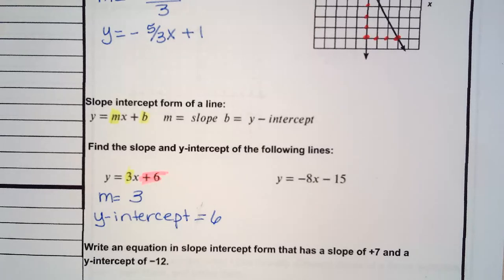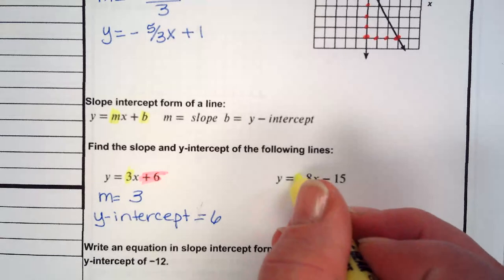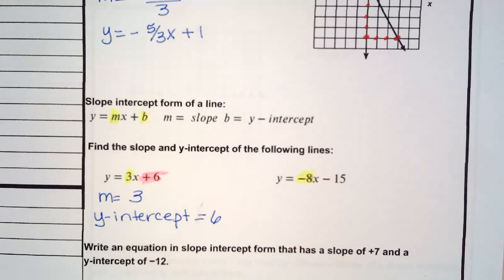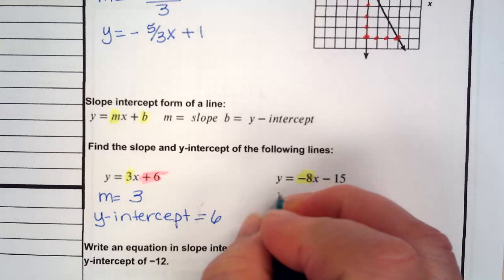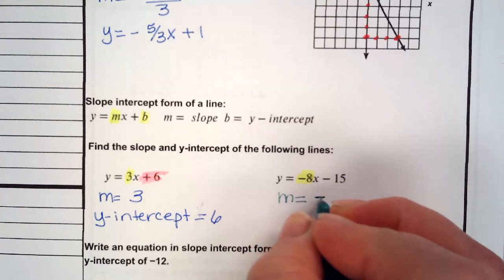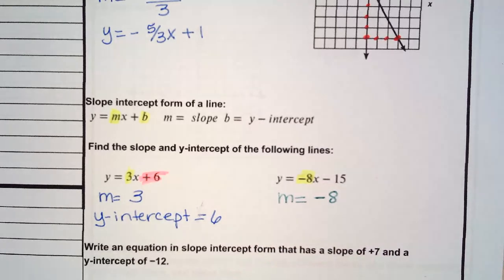I hope you tried it on your own. The slope is that coefficient of x. So my slope is negative 8. My y-intercept is what we end with.